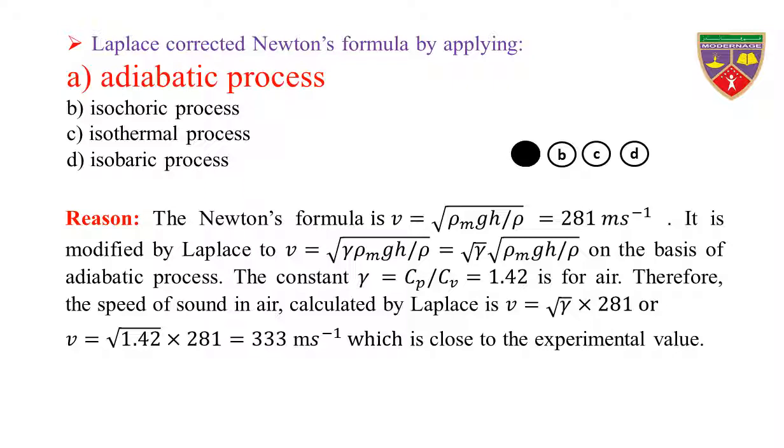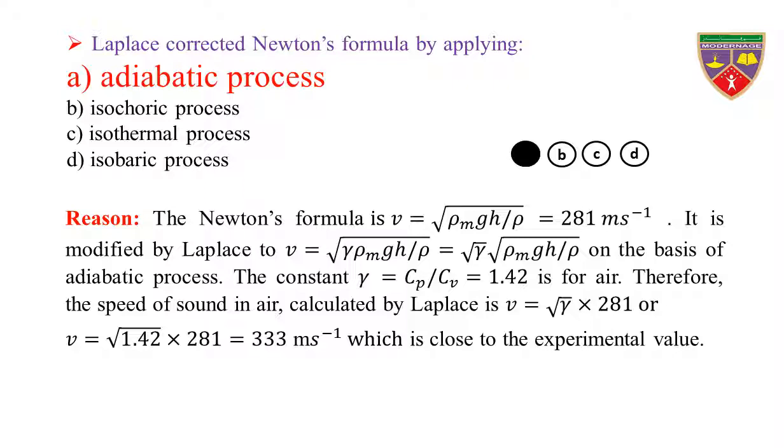It is modified by Laplace to the formula v is equal to square root of gamma rho m g h divided by rho, taking the gamma outside, square root of gamma into square root of rho m g h divided by rho, on the basis of adiabatic process. The constant gamma is the ratio of the specific heat at constant pressure to specific heat at constant volume, which is equal to 1.42 for air.